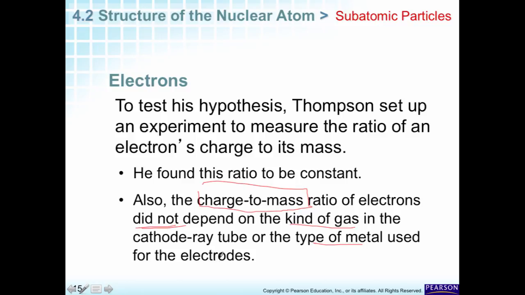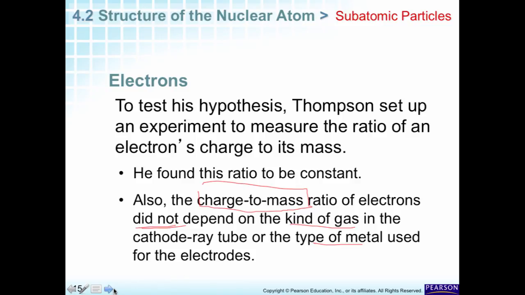So that tells you that it's not specific to a certain element, that these charges were independent particles that were not unique to specific elements, which said they were smaller than atoms, because the smallest particle we had right now is unique.